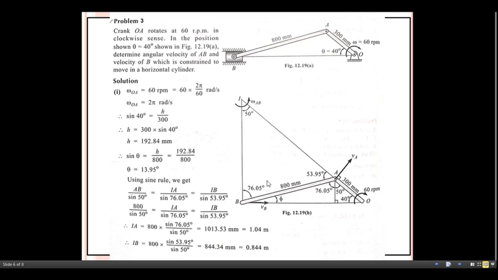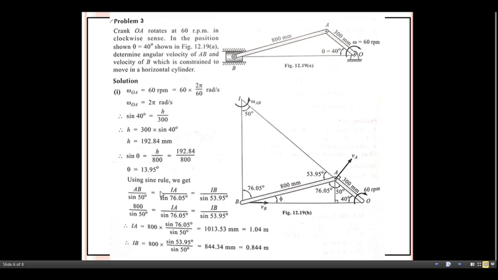Once we get this, my next target is to get the value of this angle theta. Sine of theta equals h divided by 800, so you can get theta equals 13.95.